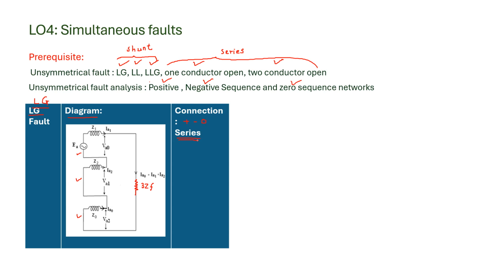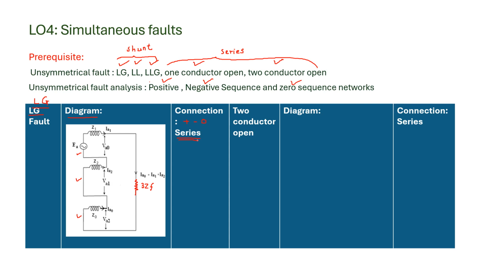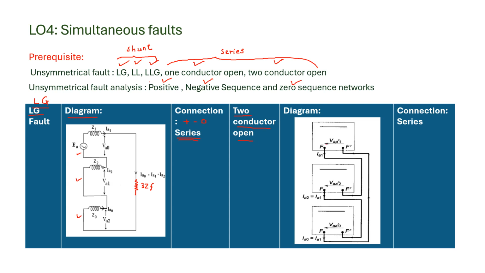Okay. Now similarly, for two conductor open, which is a series type of fault, you can see that this is the positive sequence, this is the negative and this is the zero sequence network. They are also to be connected in series.